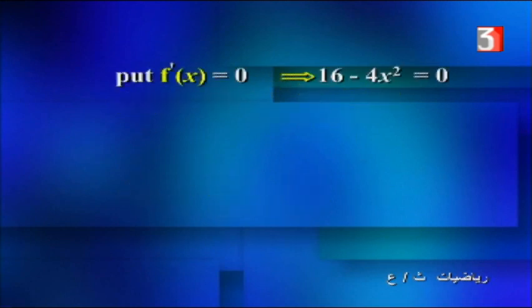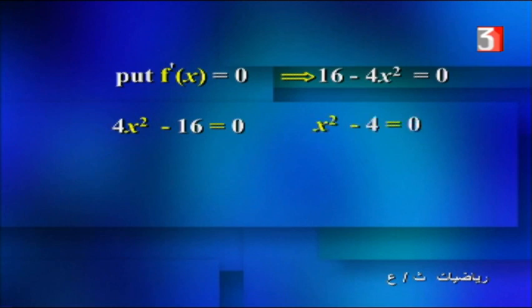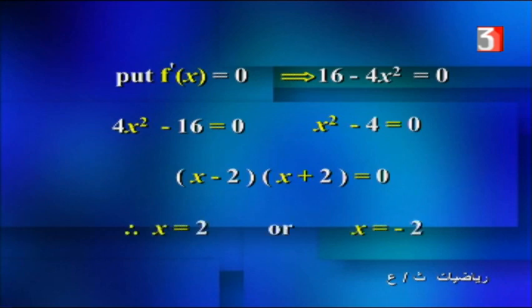The second step, we put f'(x) equals 0, then the numerator 16 minus 4x power 2 equals 0. And we can write 4x power 2 minus 16 equals 0 and divide by 4, then x power 2 minus 4 equals 0. This expression is the difference between two squares, then the two brackets (x minus 2)(x plus 2) equals 0 and x equals 2 or x equals negative 2.